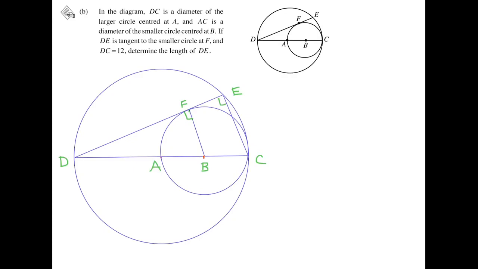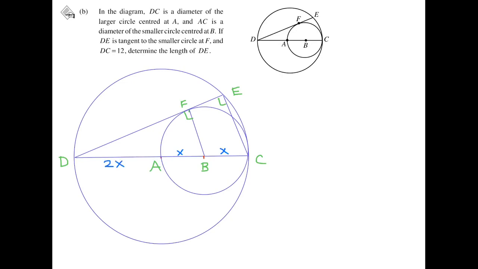And now we can label the different values that they've given us. BC is the radius of the small circle, so let's call it x. AB, therefore, is also x. That's also a radius. Now, AD, if you notice, is the same as AC. The reason is A is the center. So that means that DA, or AD, is 2x.